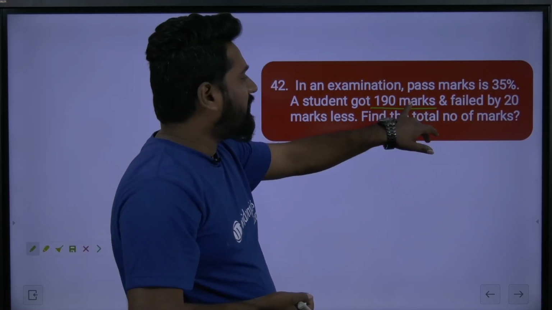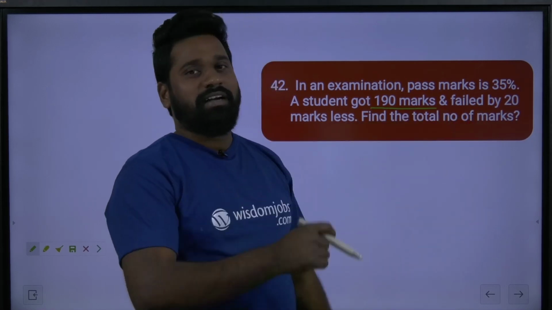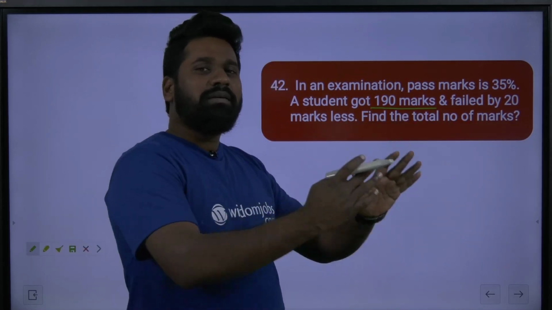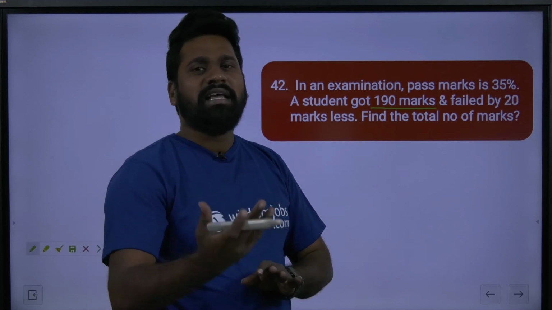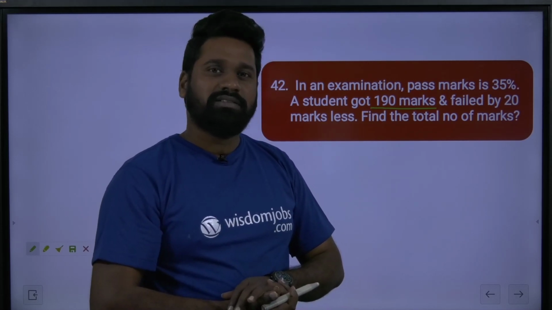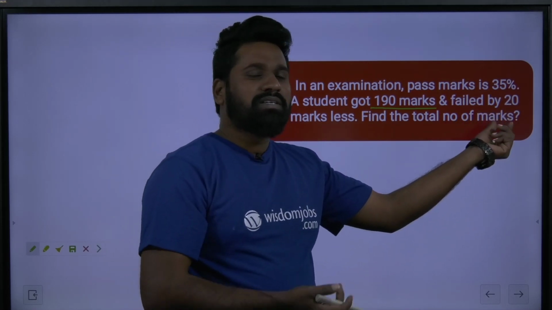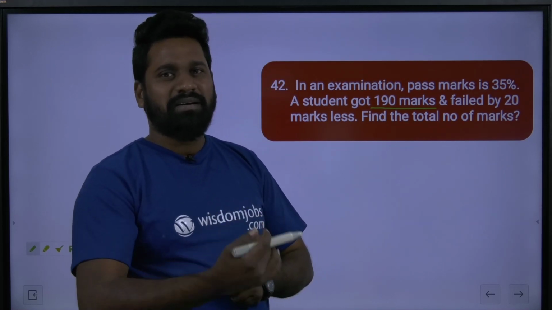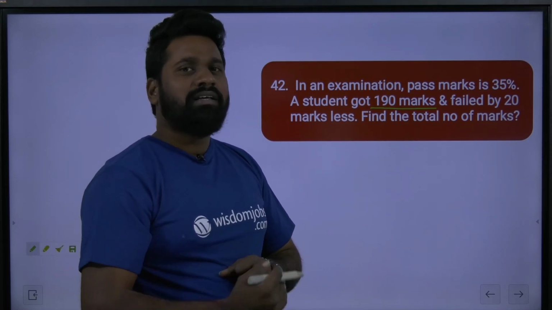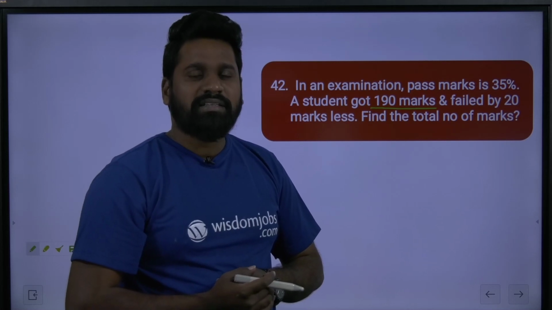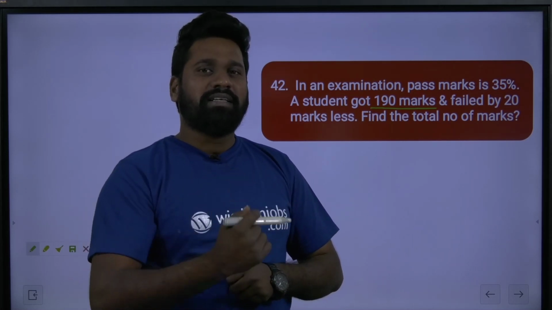If you add 20 marks to that 190 marks, then he will become pass. Is it clear? Because he got this many marks less to become pass. Now I am adding the 20 marks to 190, then he is going to pass in the examination.